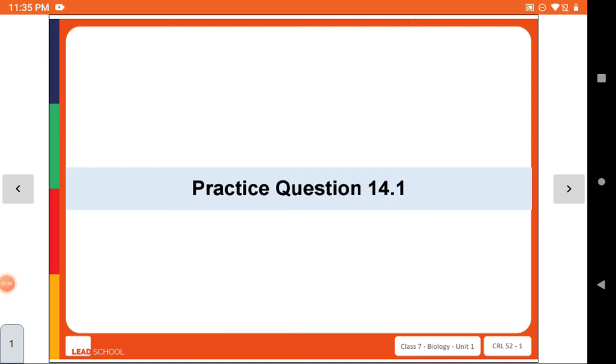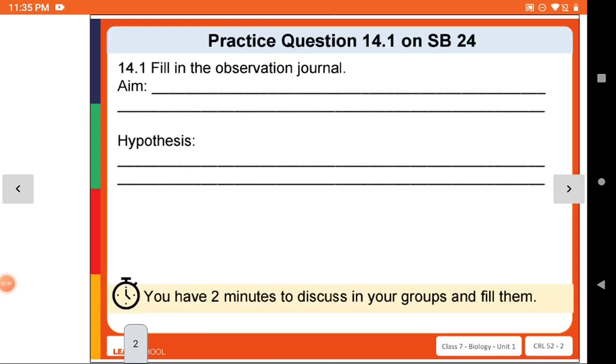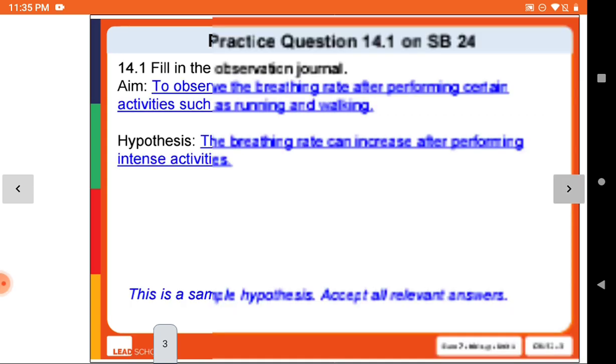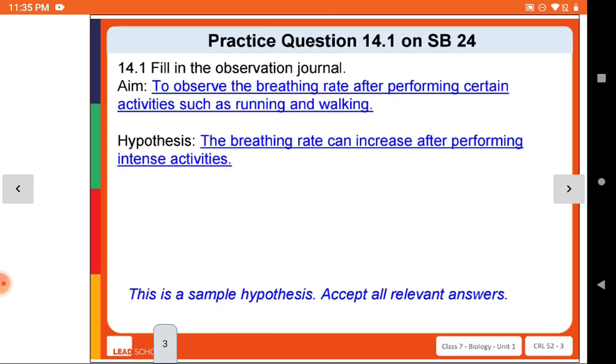Practice question number 14.1. First of all, fill in the observation journal. Look at your SB24; the answers are given in blue words.